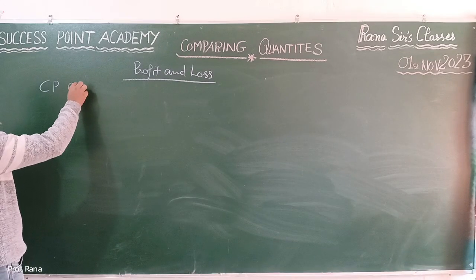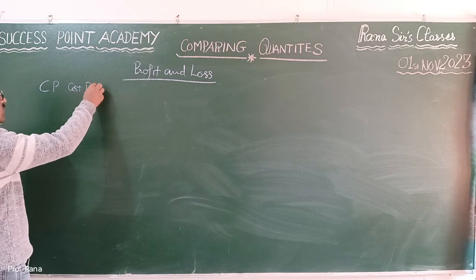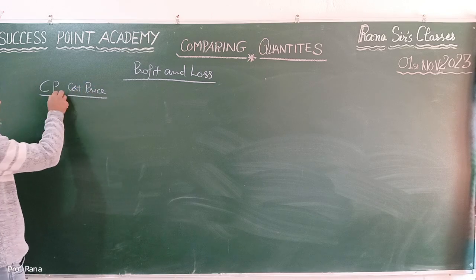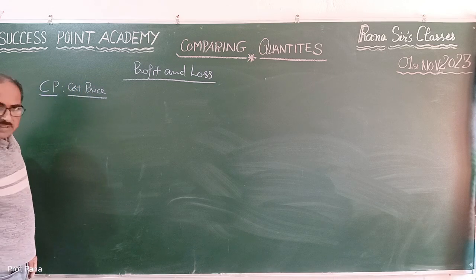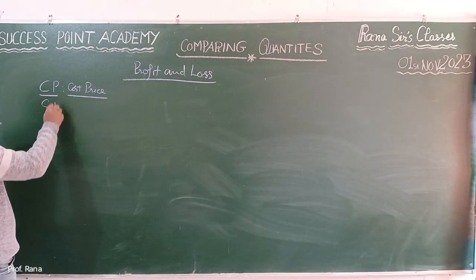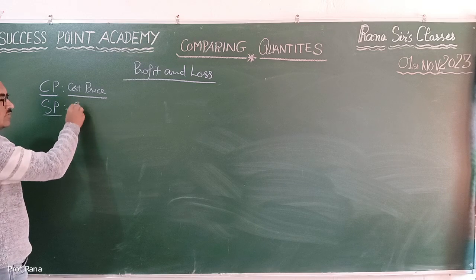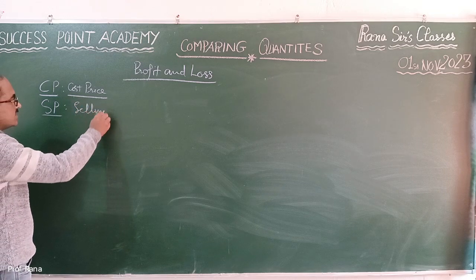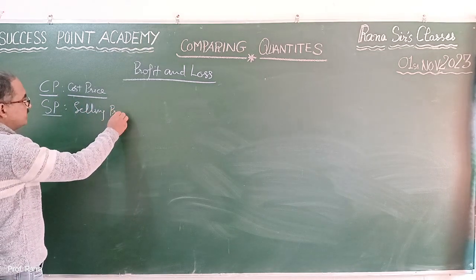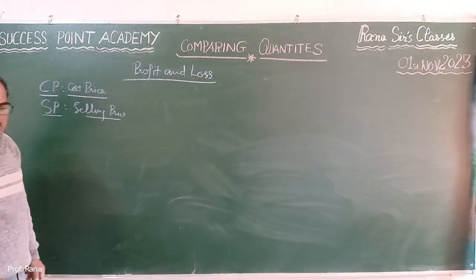So CP is your cost price, means the amount we spend on purchasing a certain item. Selling price, the price at which an item is sold, right?